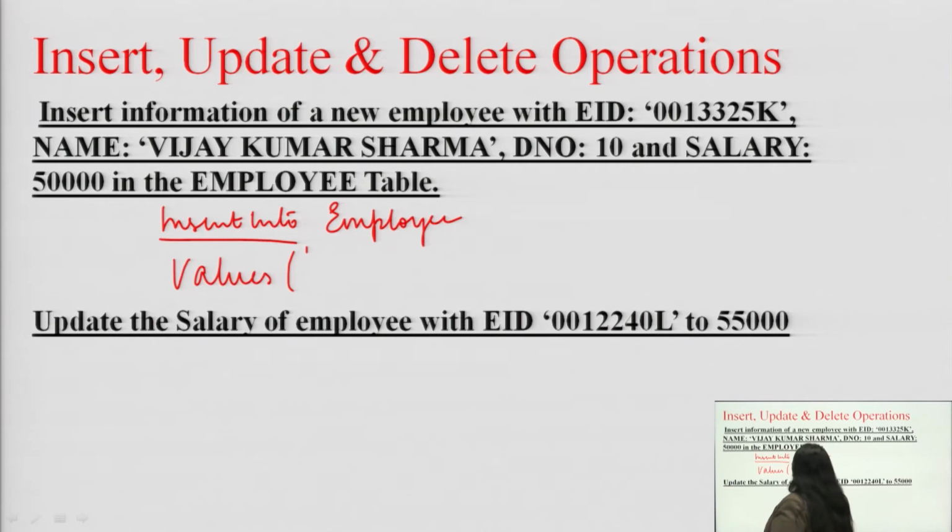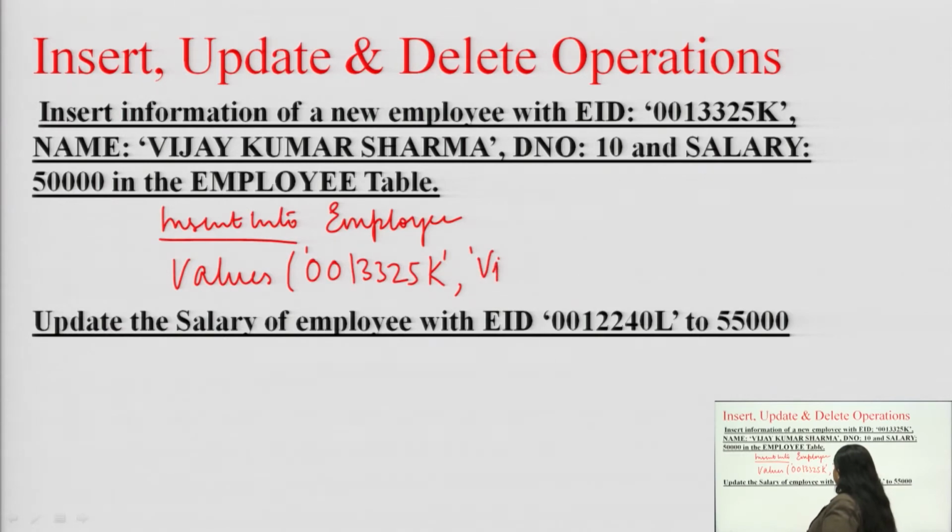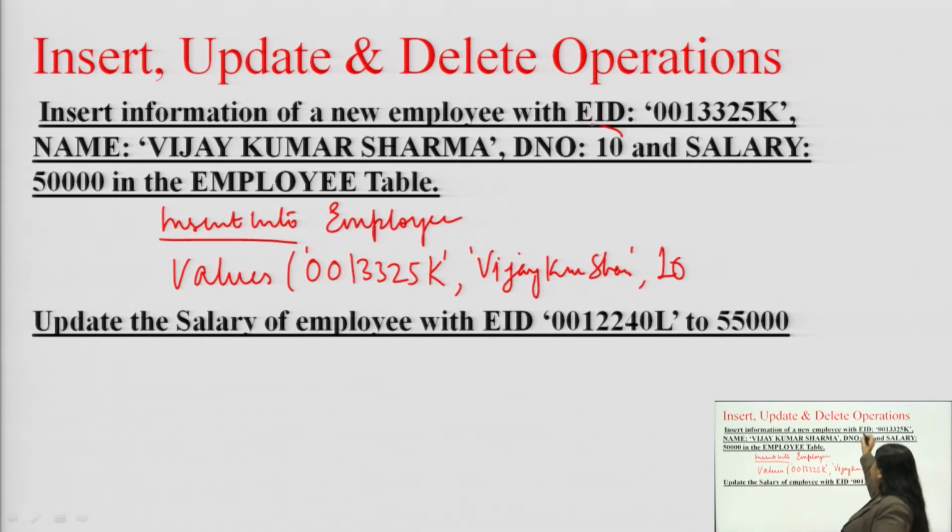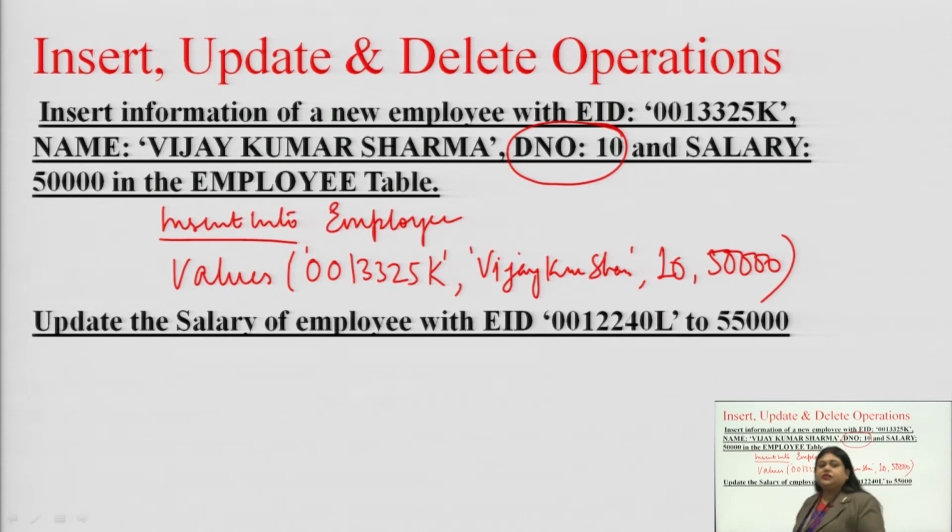So, first is the employee ID 00133225K, followed by the name, Vijay Kumar Sharma, followed by the department number 10, followed by the salary which has been specified as 50,000. So, this is how we will insert this value into the database, right.